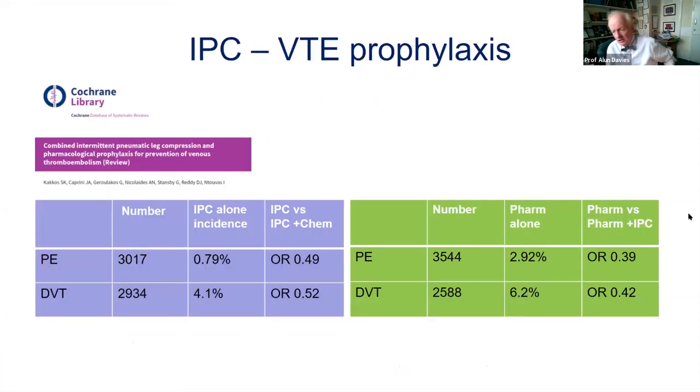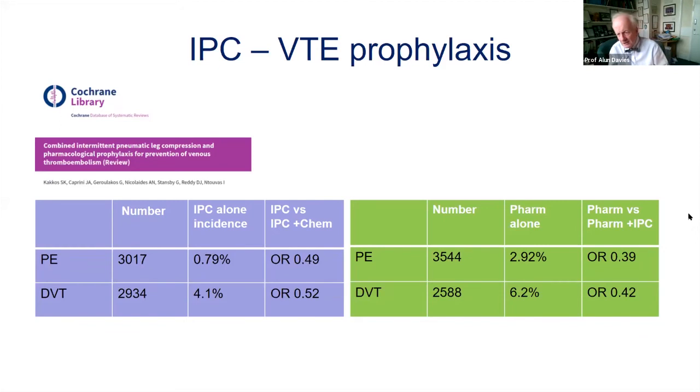If we look at intermittent pneumatic compression and look at the Cochrane review, this is basically a summary of that study. If you take intermittent pneumatic compression alone and compare it with intermittent pneumatic compression and chemoprophylaxis, you can see that with the adjuvant of the 2 treatments, there is a significant reduction in the number of patients having a PE or a DVT.